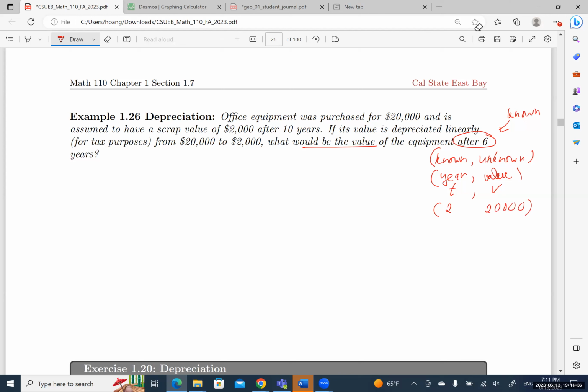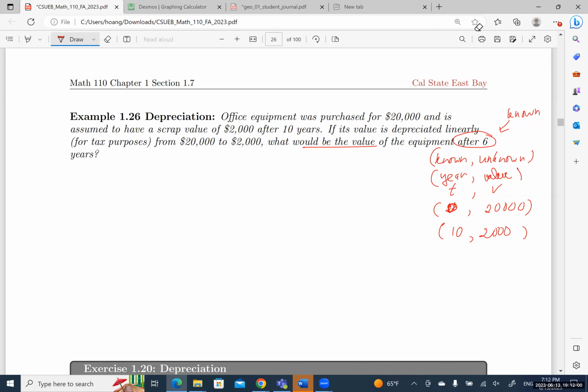So how many years at first? You just bought it, so you didn't use anything, just say 0 years, right? And then the second point is going to be 10 years and 2,000 as the value.